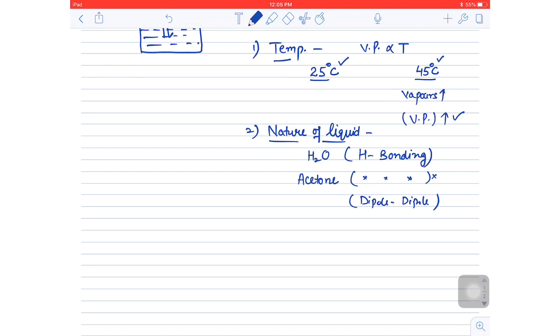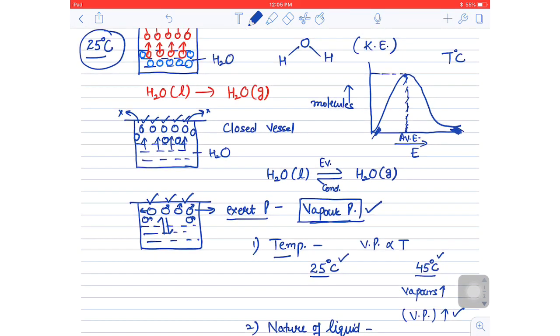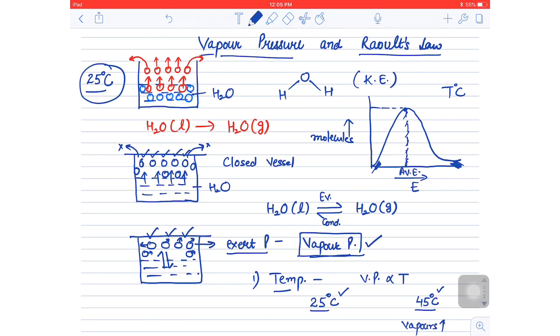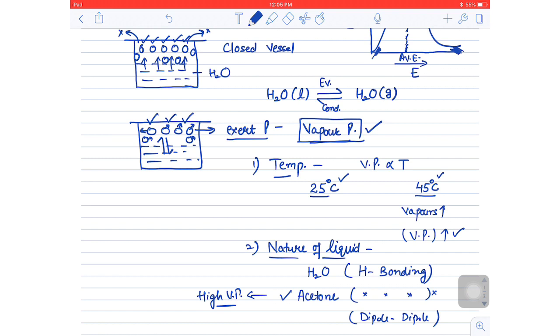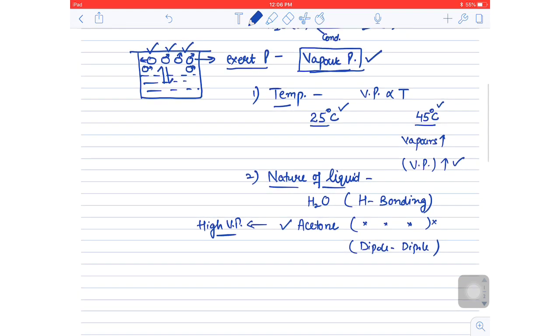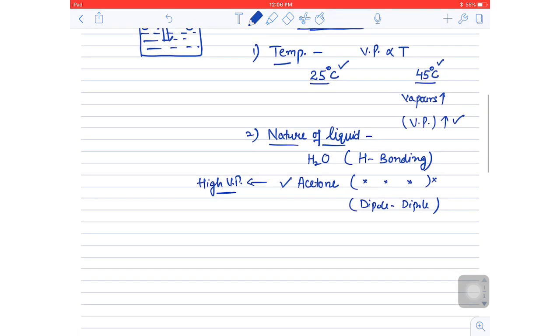As a result, what will happen? Acetone will form a greater number of vapors and it will exert high vapor pressure. So what we have seen is vapor pressure, which is the pressure exerted by vapors above the liquid surface in equilibrium with the liquid at a given temperature.